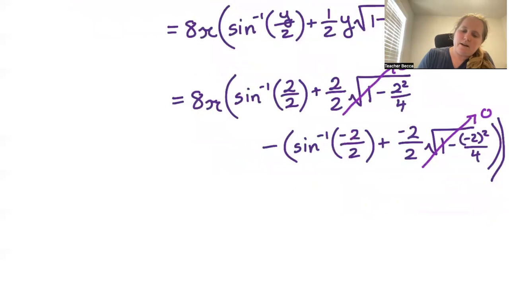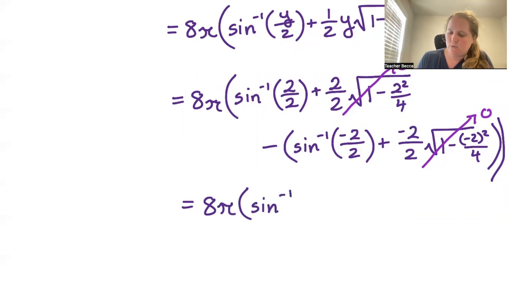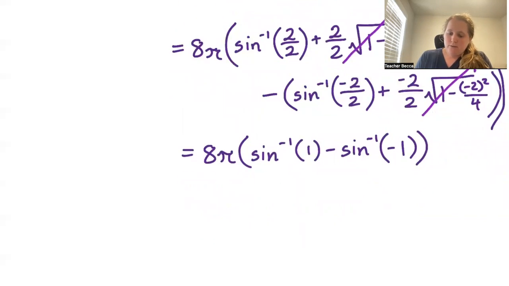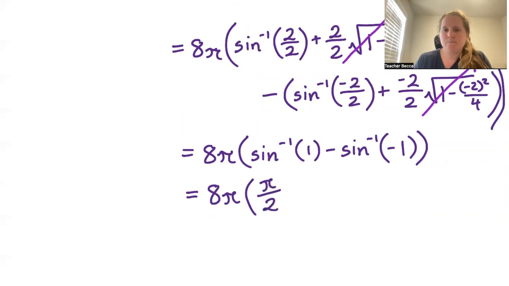So we are looking at 8 pi times sine inverse of 1 minus sine inverse of -1. Sine inverse of 1 is pi over 2.